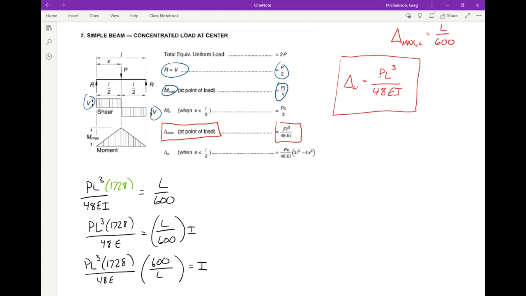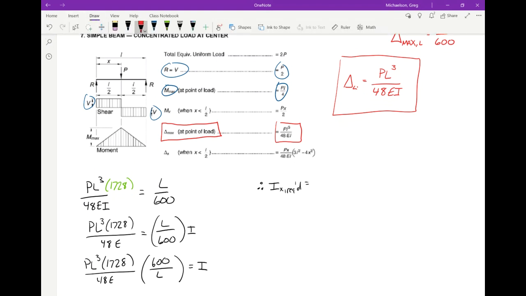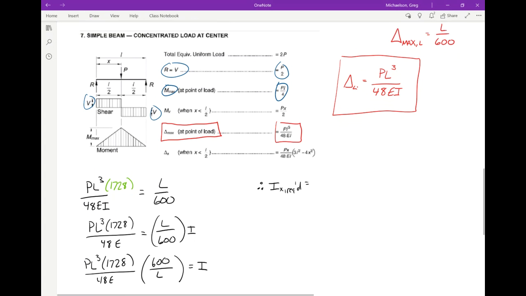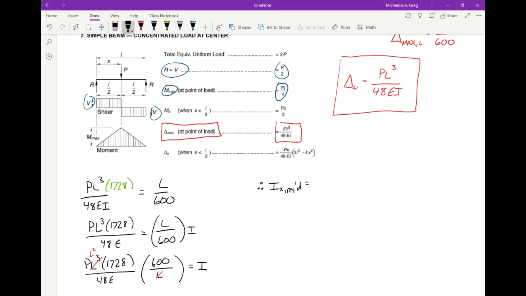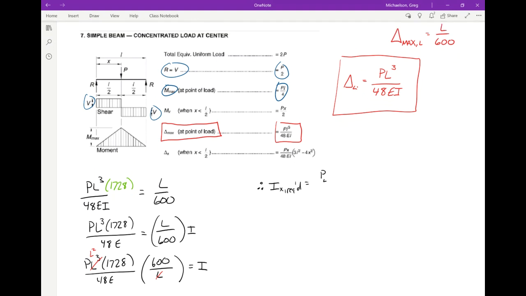Does everybody see what I'm doing? I'm just solving for I. Therefore, IX required is the following. Note that if you look at the formula, we can cancel L's, and that becomes L squared. So we've got PL squared times 1728 times 600 over 48E.